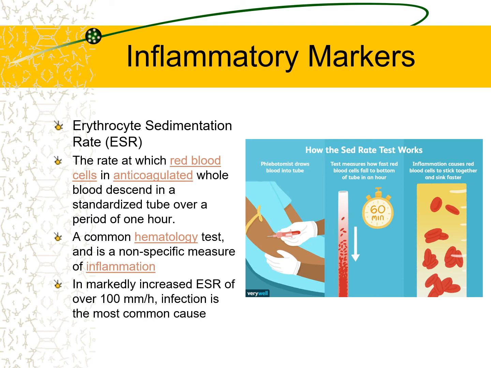It means that there is inflammation when elevated somewhere in the body. It's considered markedly increased if it's over 100 millimeters per hour. The most likely common cause of an elevated SED rate is sepsis or infection.